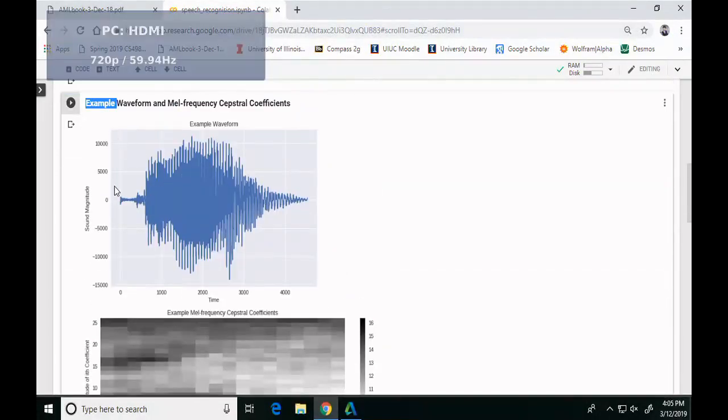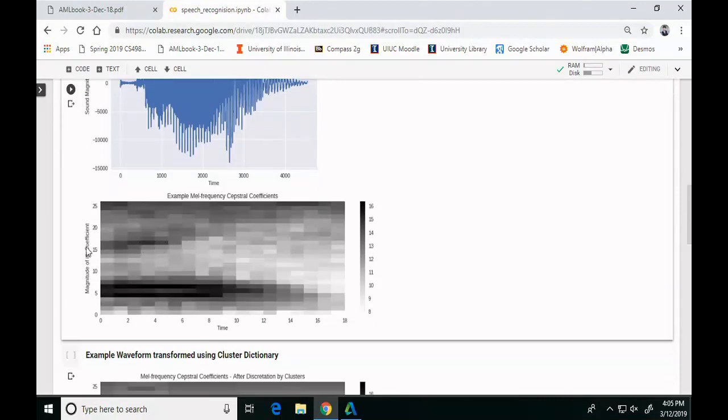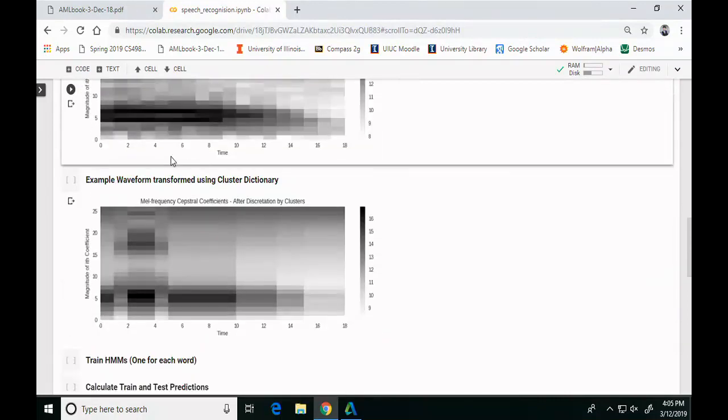This signal got chunked into 19 bits, then transformed into the frequencies. Given those frequencies, we formed a dictionary and got back basically this. But what we're really using in the HMM is the indexes of the clusters, not this thing. Does that make sense? Kind of.